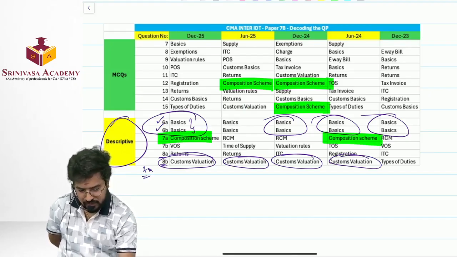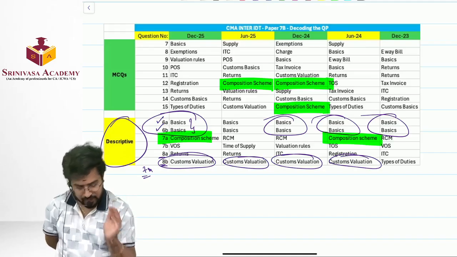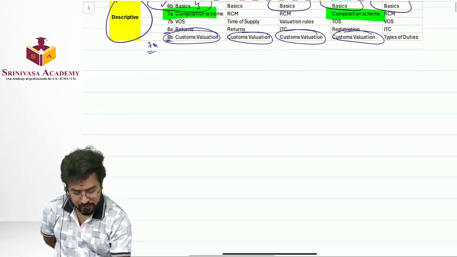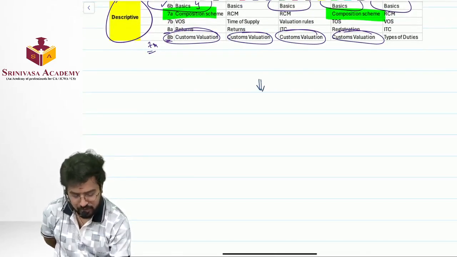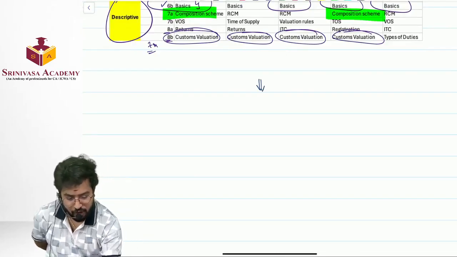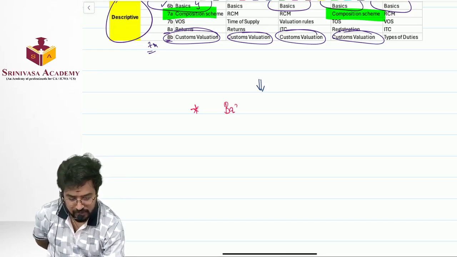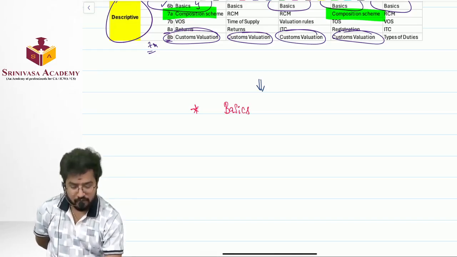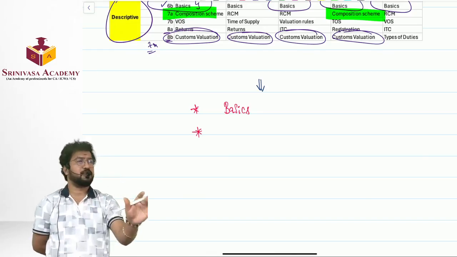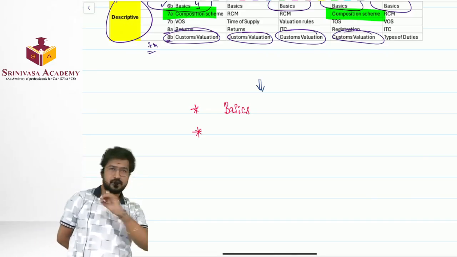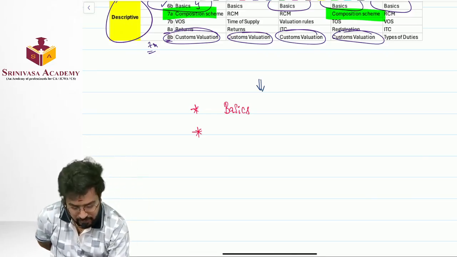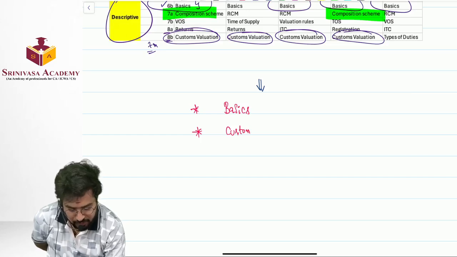Composition scheme is one very key area that we will take up. So we can make a conclusion about top priority chapters. Obviously basics, because it is a very easy chapter, 14 marks seriously will be in your pocket. Next one, customs valuation.